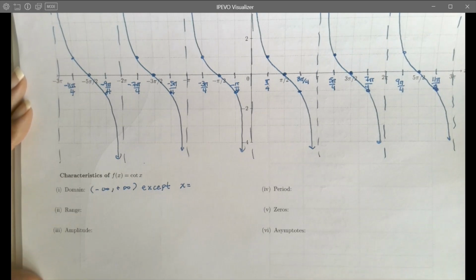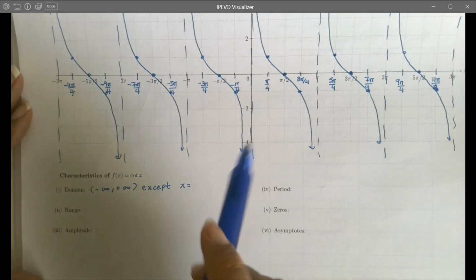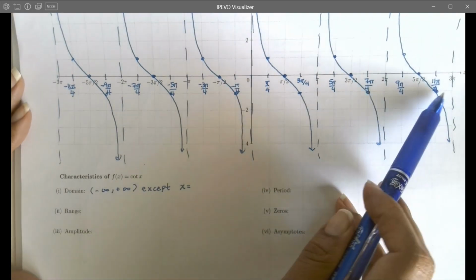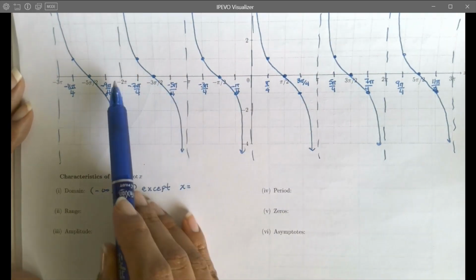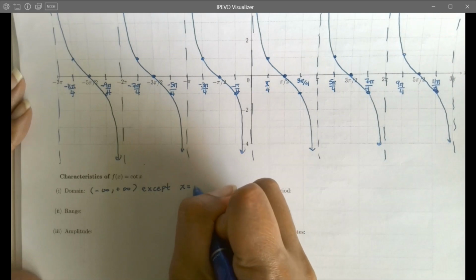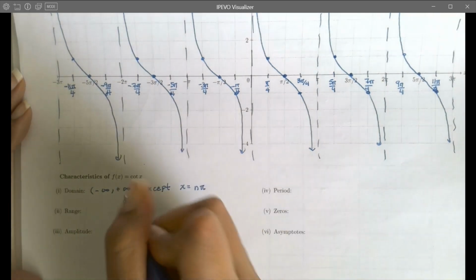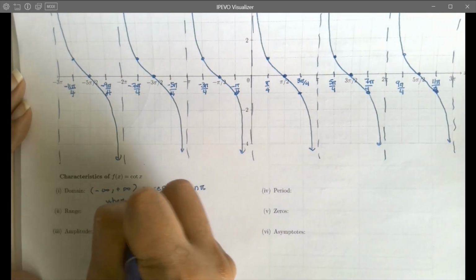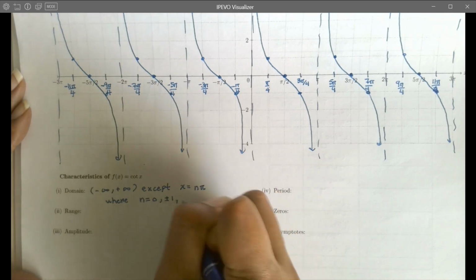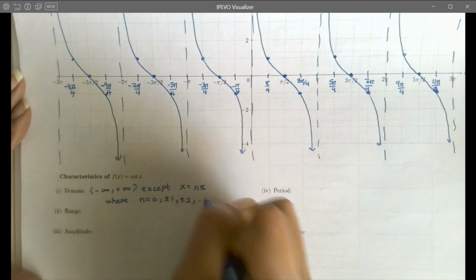So where do those happen? Well, now they're happening at 0, pi, 2 pi, 3 pi, negative pi, negative 2 pi, basically any multiple of pi. So they happen at n pi, where n is any integer: 0, plus or minus 1, plus or minus 2, and so on and so forth.